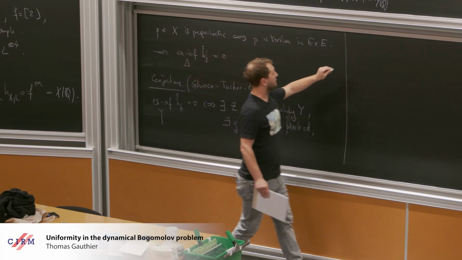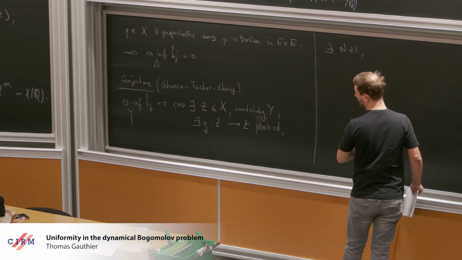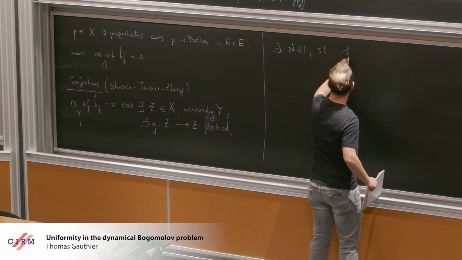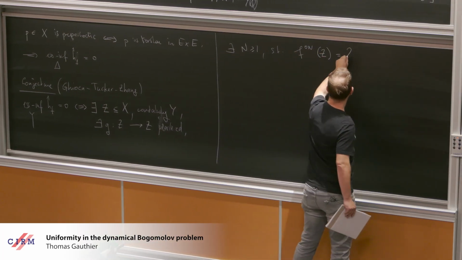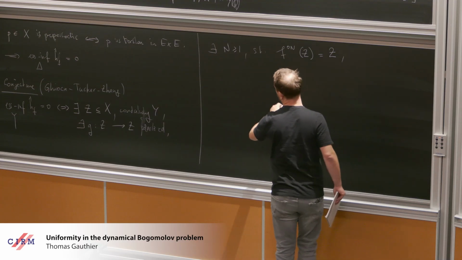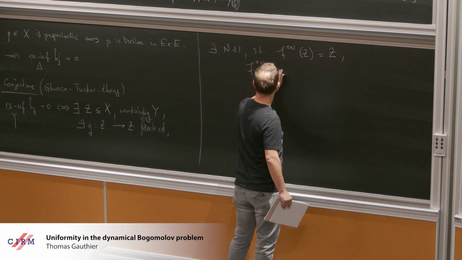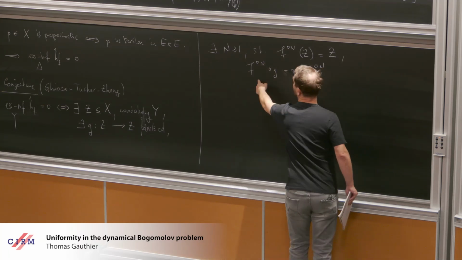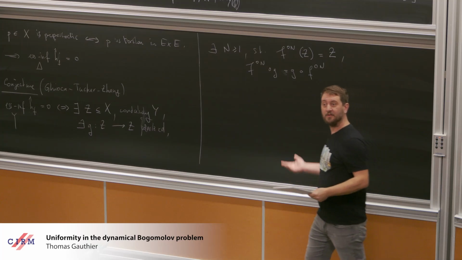There exists an integer n such that the nth iterate of Z by F is Z, and the nth iterate commutes with G. So in this sense, it's related to F because there are not that many maps which commute with a given map.